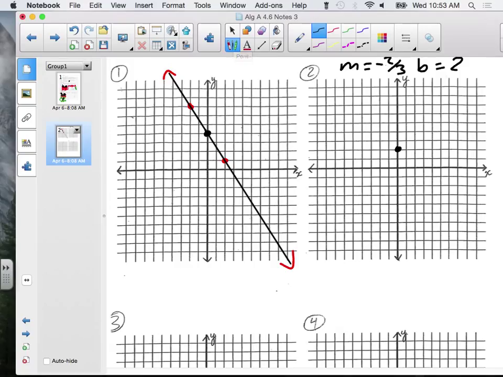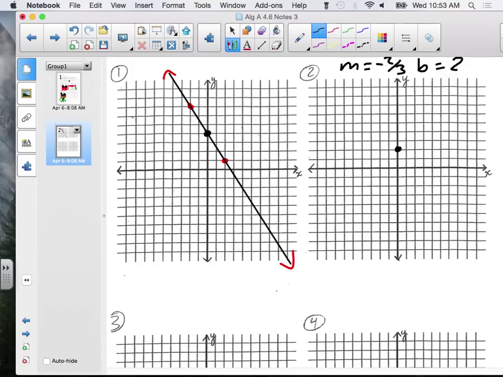So, our b is 2, b stands for what again? The y-intercept, right? So we go to positive 2. Our slope of negative 2/3, what direction do we go for those?